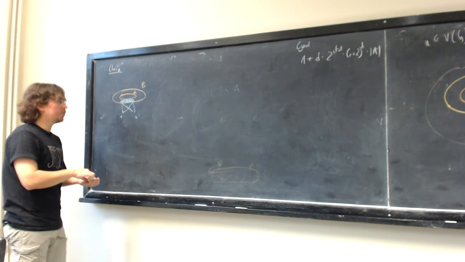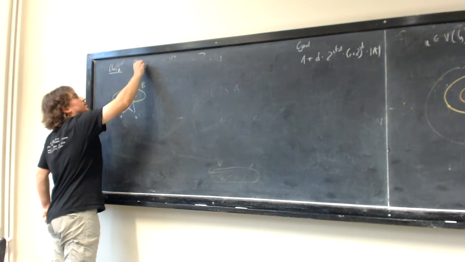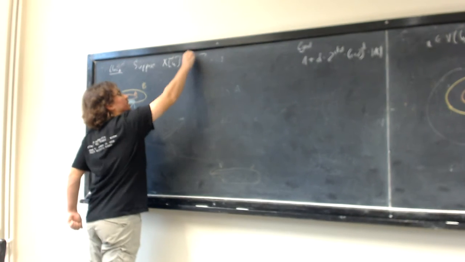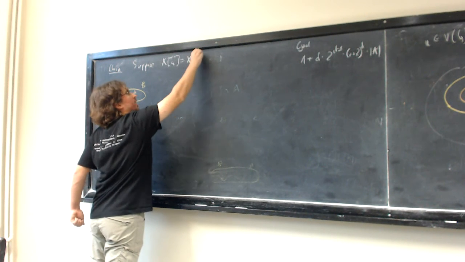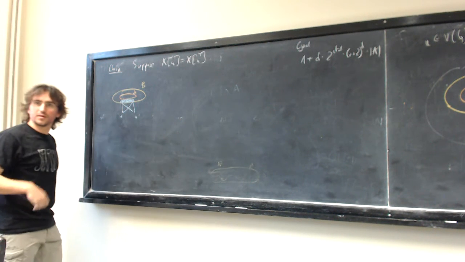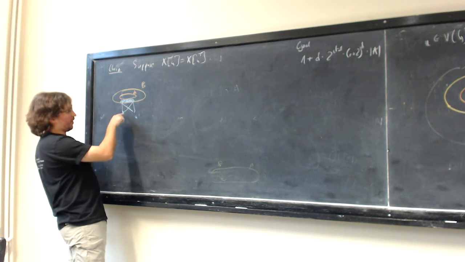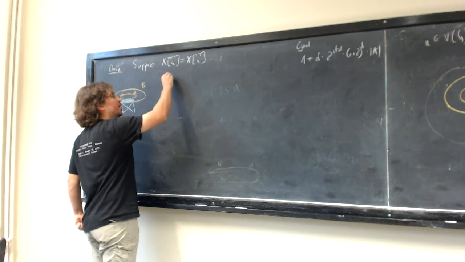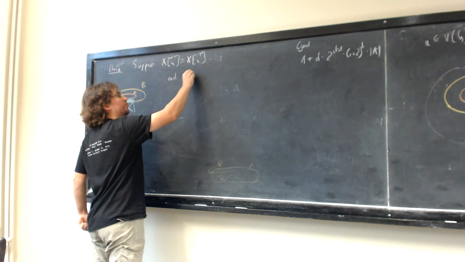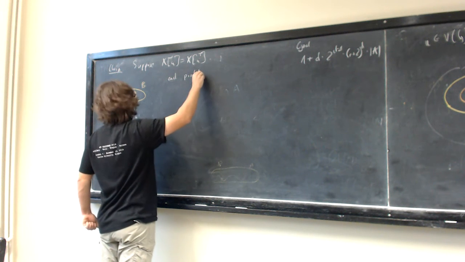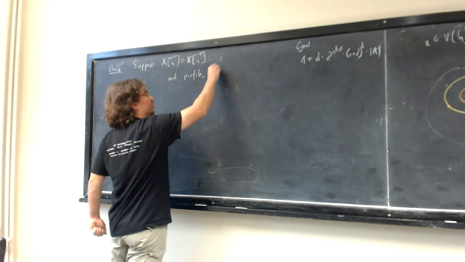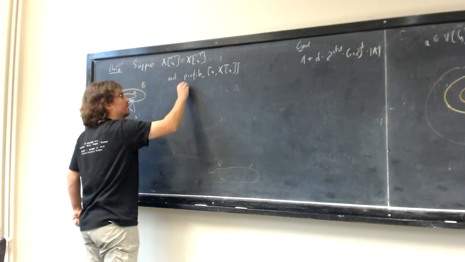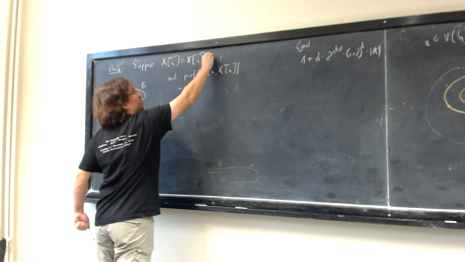So suppose X of U and X of U prime are exactly the same set. And moreover, the profiles of my vertices U and U prime at distance r on the separator are the same. Let's just call the separator X.